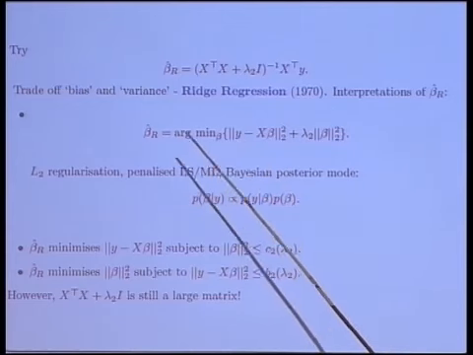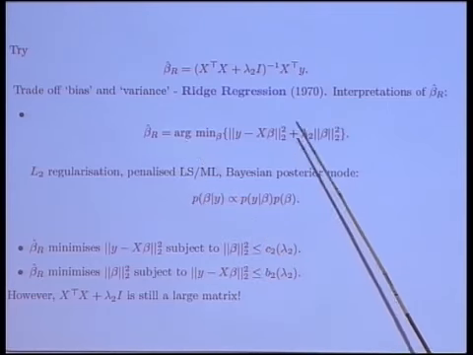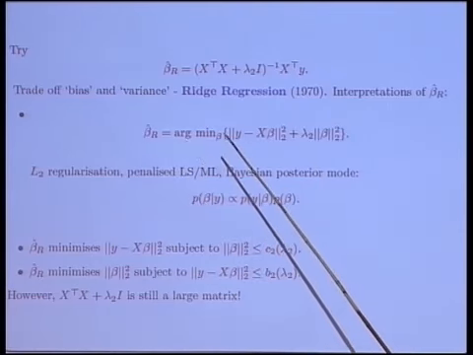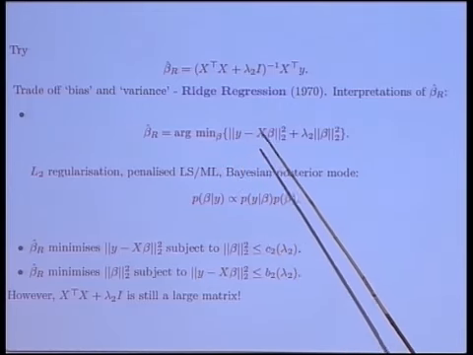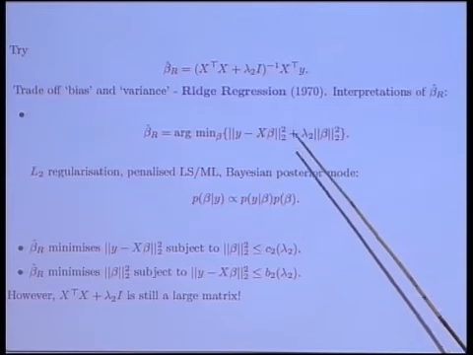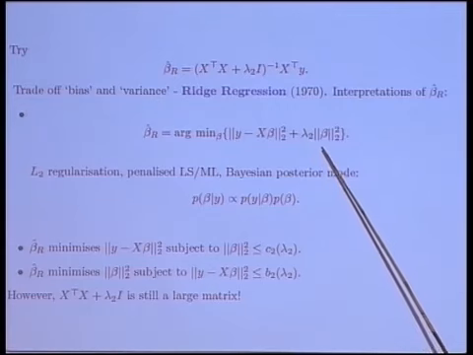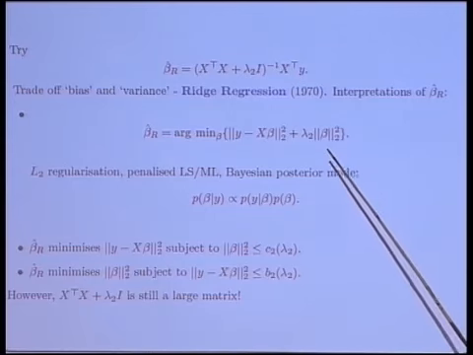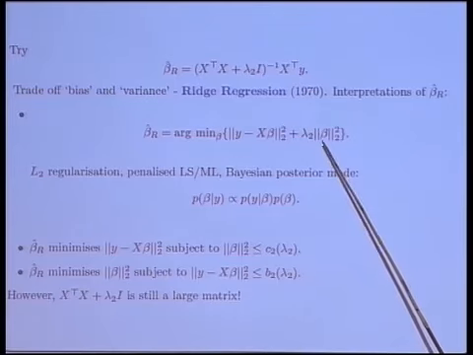But here is another way of creating the ridge regression, namely to minimize this so-called penalized sum of squares function. You've got the sum of squares function, which we're trying to minimize as before, and we've added on lambda 2 times the squared Euclidean distance of beta from 0.